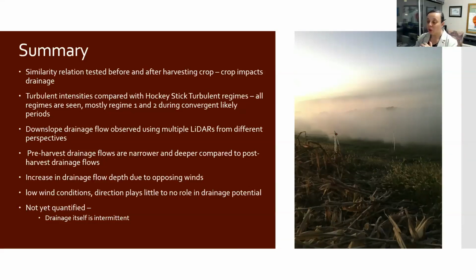And what we have not yet quantified, but see in different ways, is that drainage itself can be intermittent. We have several nights where 5-minute period to 5-minute period, it flags as likely, not likely, likely for 10 minutes, not likely, where there's some intermittency in these filters, I guess, for lack of a better word right now. So that's where we're looking right now.